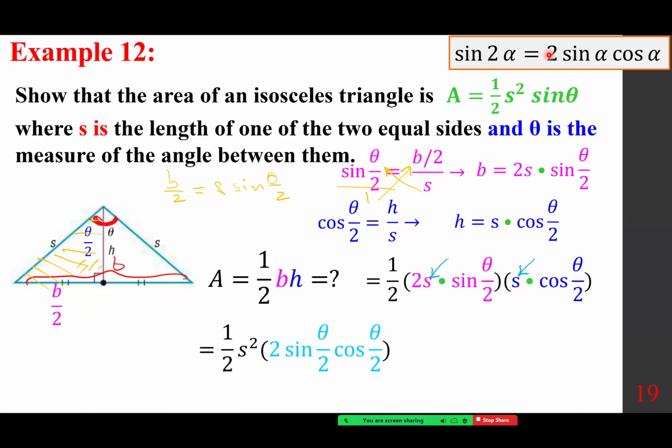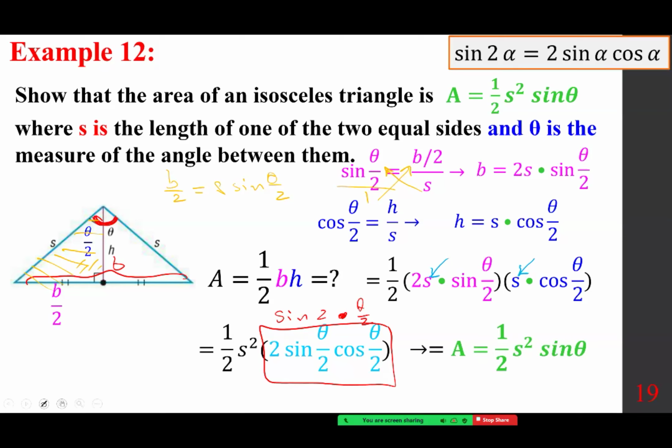Sine of 2 alpha is 2 sine alpha cosine alpha. So this should be sine of 2 times theta over 2, which makes it sine of theta. So half of s squared sine theta. And that's the proof. And we are done.